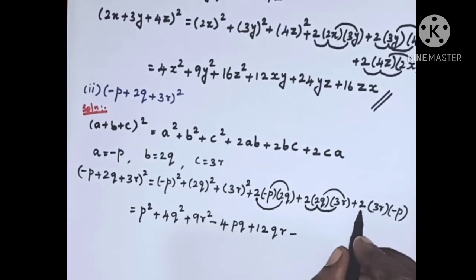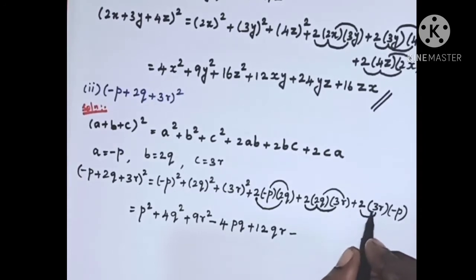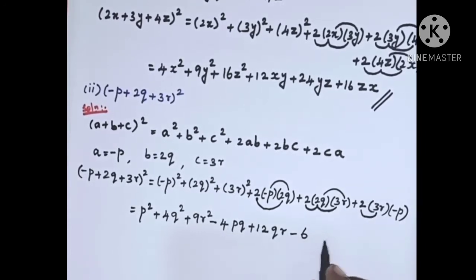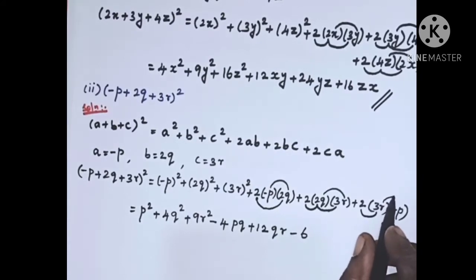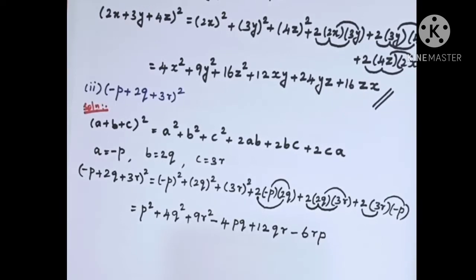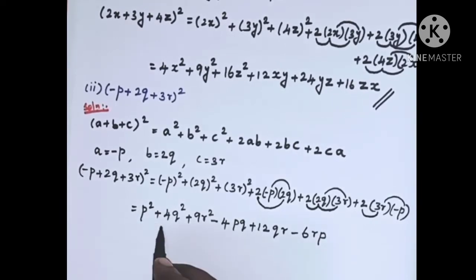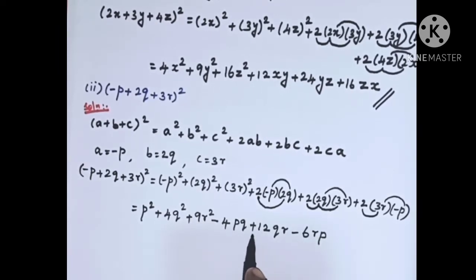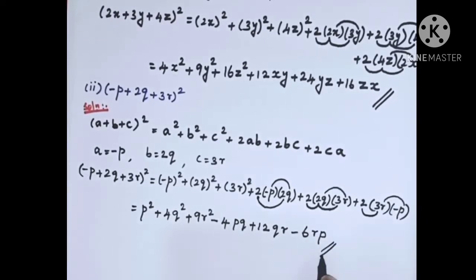Now we multiply the numbers. 2 3s are 6, and multiplying the variables r into p, we get rp. p square plus 4q square plus 9r square minus 4pq plus 12qr minus 6rp is the answer for the second subdivision.